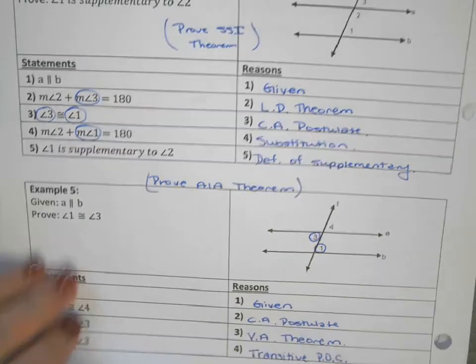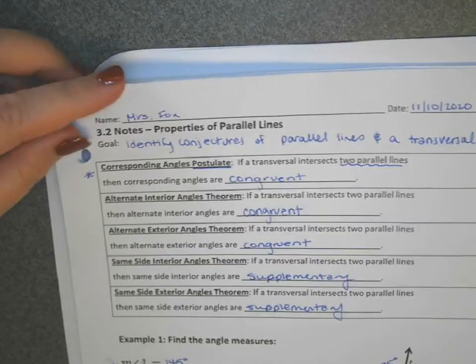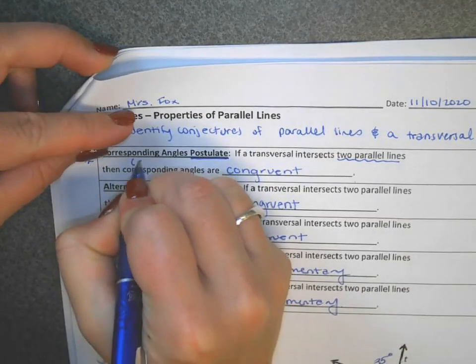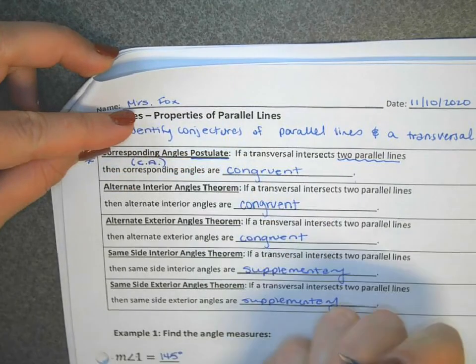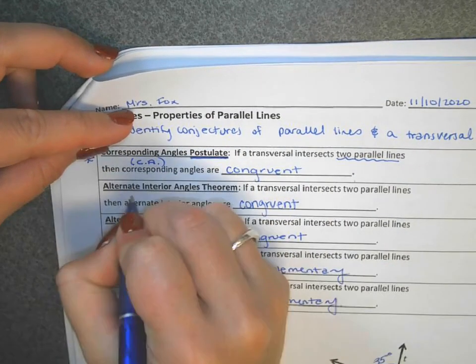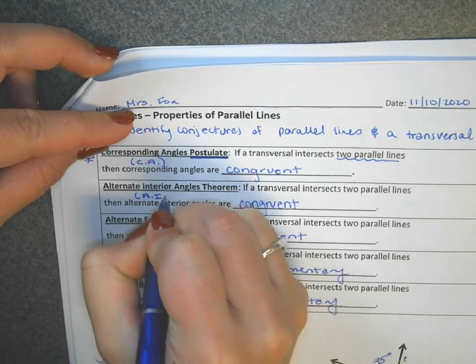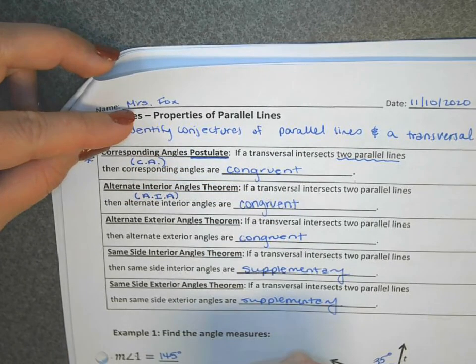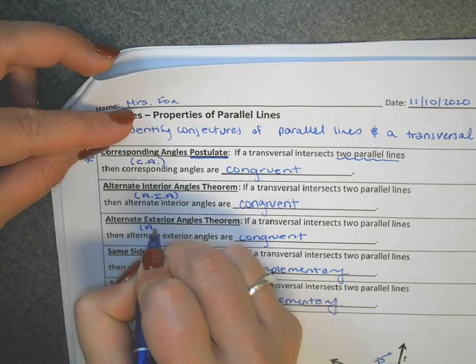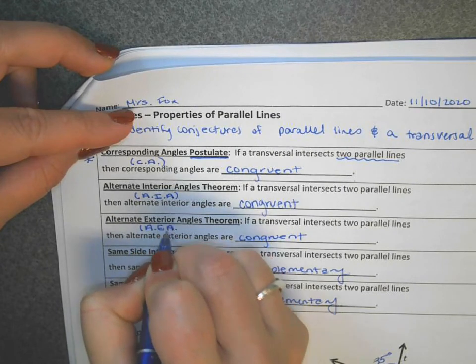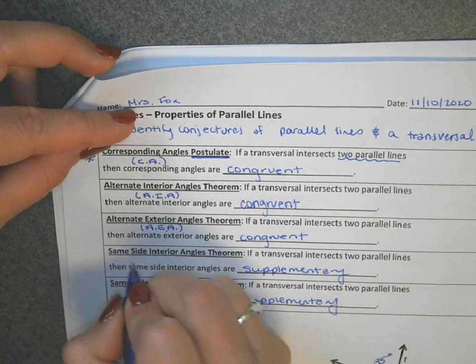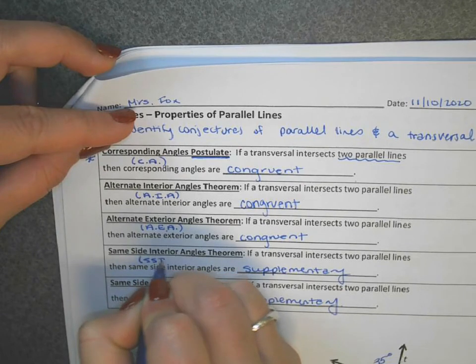Now, if I go back to the first page, we'll actually write in what those abbreviations are. Corresponding angles, we can abbreviate that CA. Alternate interior angles, we'll abbreviate that AIA. Alternate exterior angles, AEA. Same side interior is SSI.